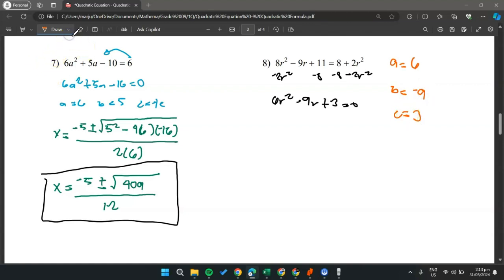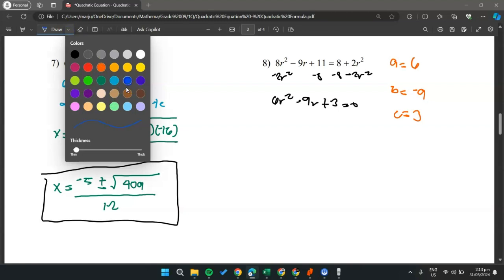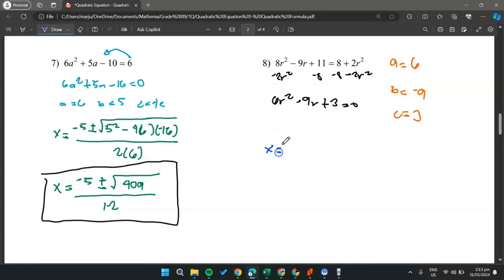Again, using our quadratic formula, x is equal to negative b, so negative of negative 9, plus minus the square root of negative 9 squared minus 4 times a, which is 6, times c, which is 3, all over 2a, which is just 2 times 6.